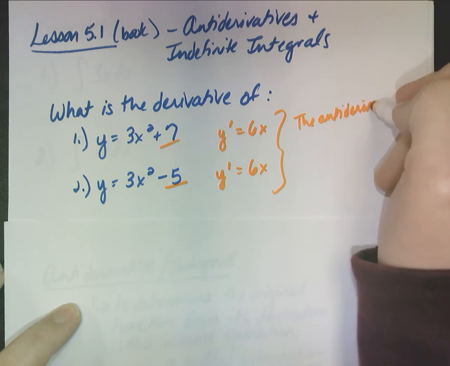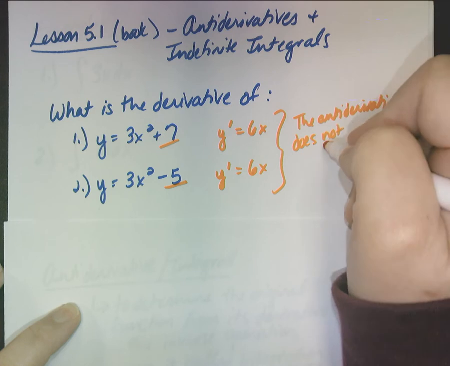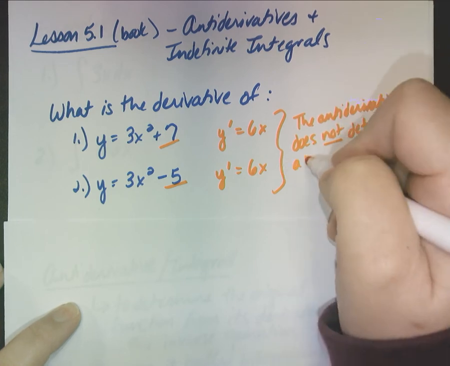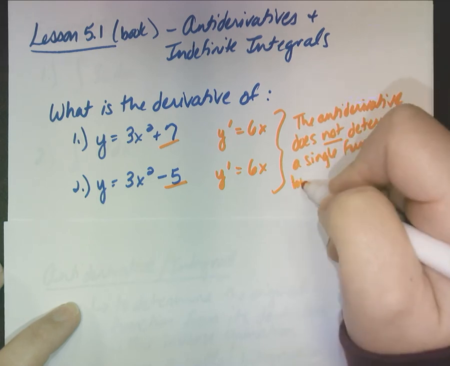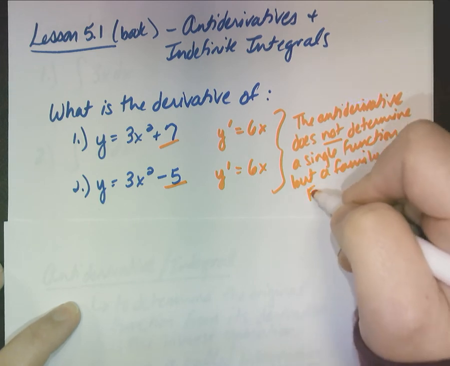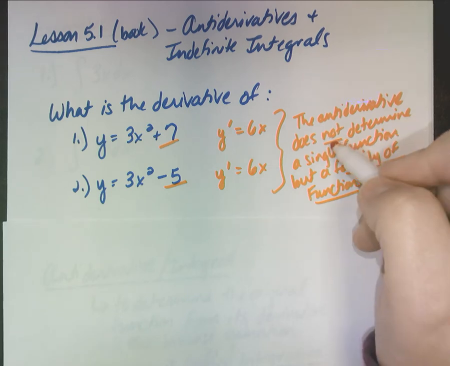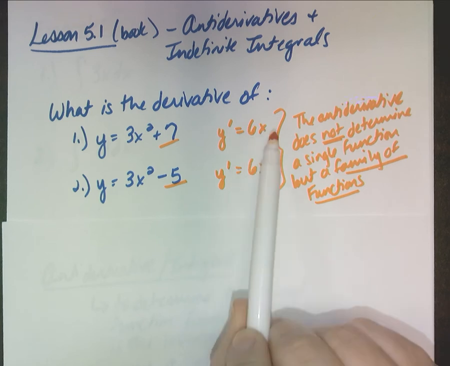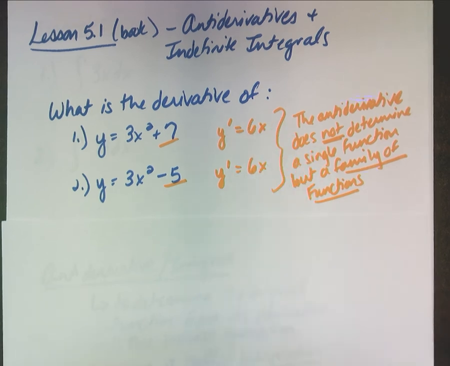The antiderivative does not determine a single function, but a family of functions. So you know that the antiderivative is this family of 6x, but we don't know what that extra number could or could not be.